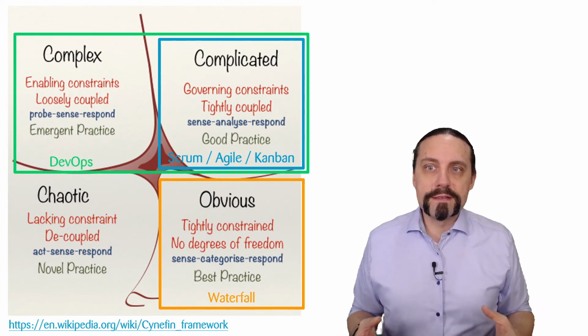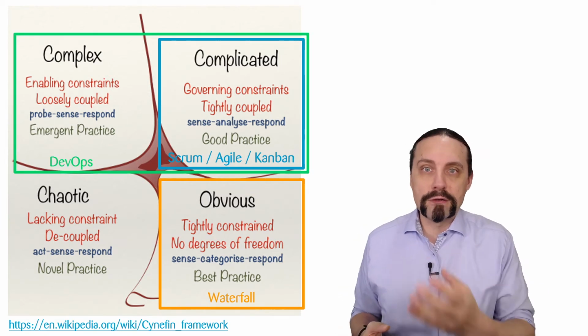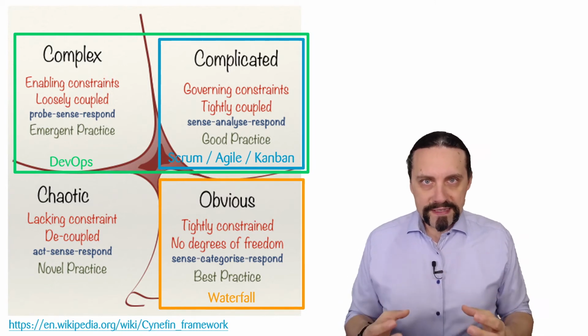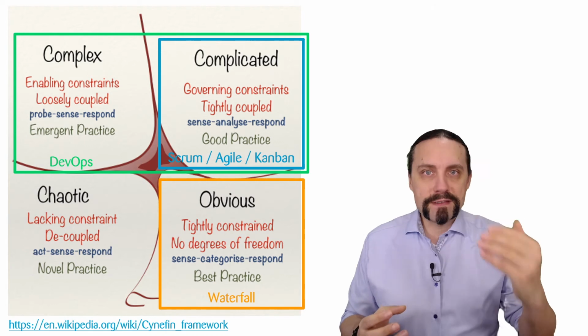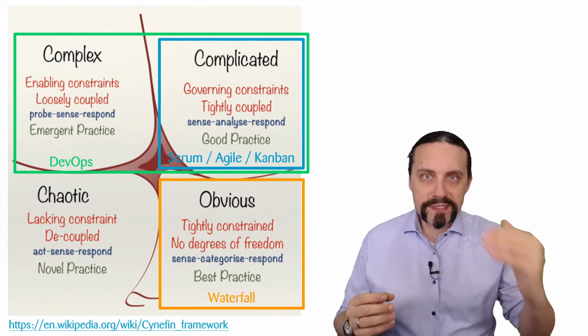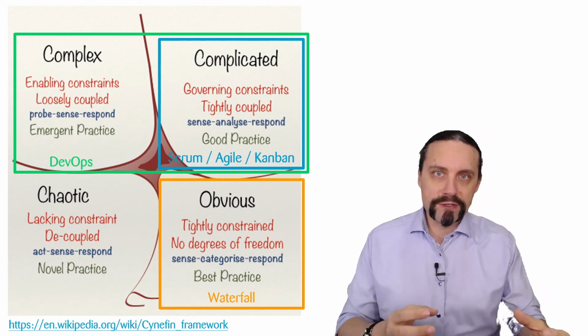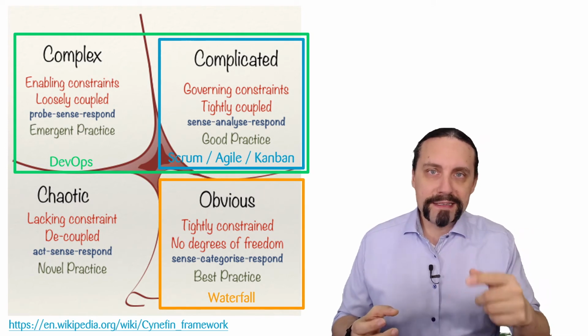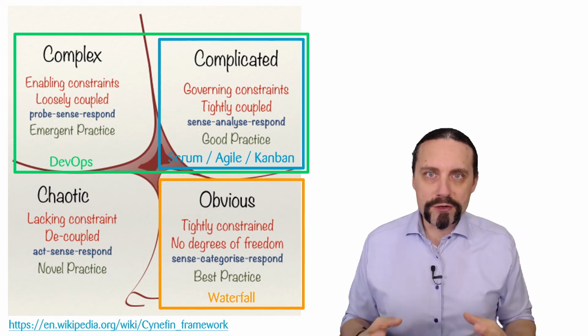DevOps is something you can use in complex or in complicated environments. Because with DevOps, you have this continuous delivery pipeline where you are going to continuously deliver value to the customer, get feedback from it, and inspect and adapt and constantly learn on that.